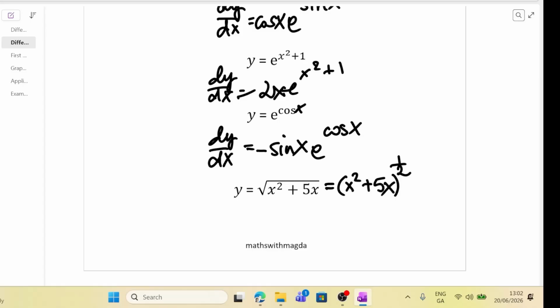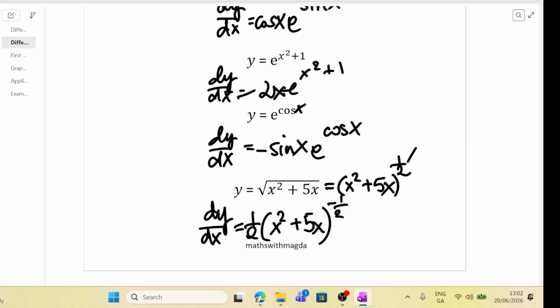My outside is a power, inside is x squared plus 5x. So when I differentiate that, I will get a half, and then x squared plus 5x to the power of minus a half, and then multiply that by the derivative of inside, which is just 2x plus 5.